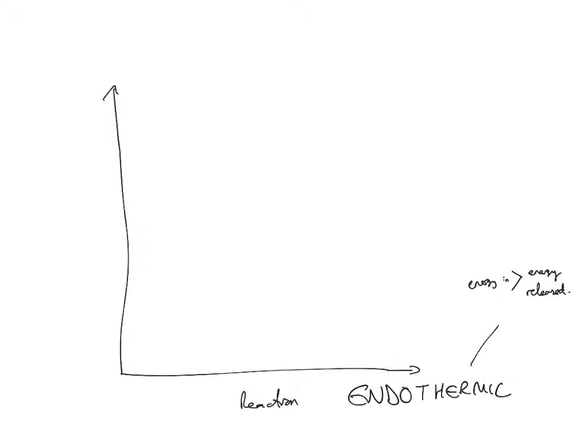So once again, I'll start with the reactants, with this amount of energy. Again, I need to put energy in to break the bonds. Let's take it to there. However, this time, when I form bonds, I'm not releasing as much energy. So I might only release energy to there and be left with my products.